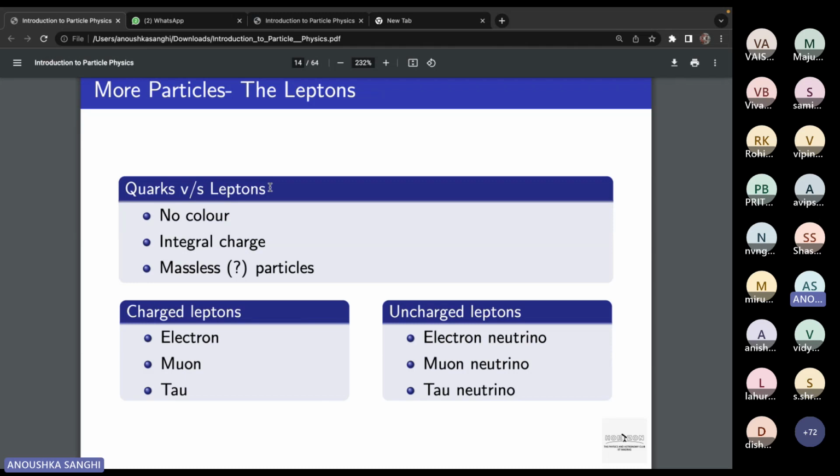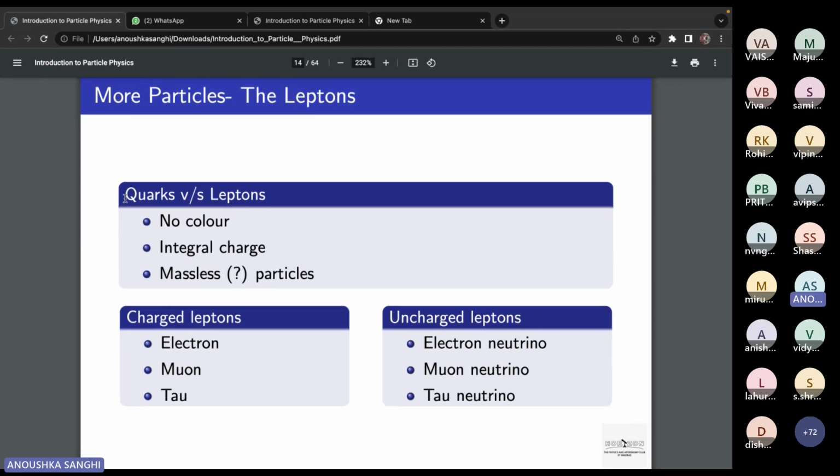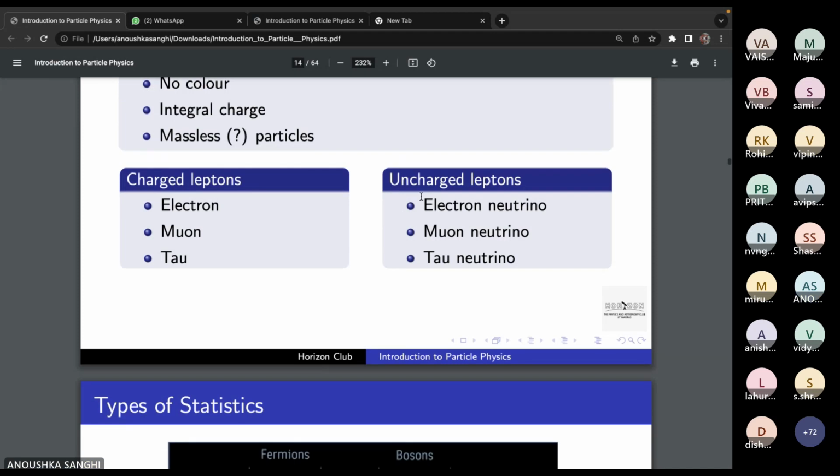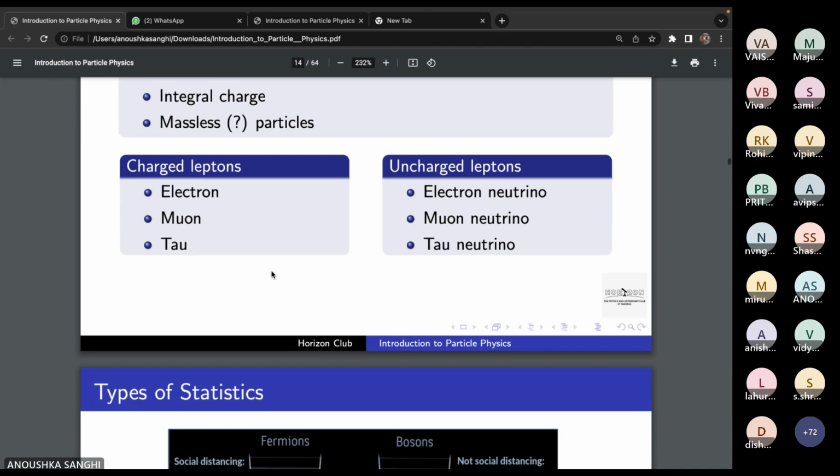But leptons have charge, no color, and also integral charge. And if we talk about mass, you can compare the quark mass yourself, and suppose the electron is the lepton, its mass is so much less. So again, these are uncharged and charged leptons.